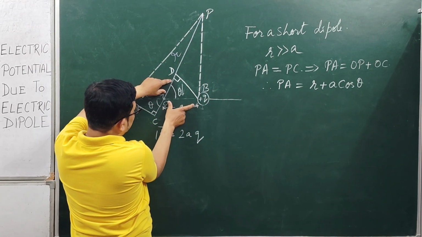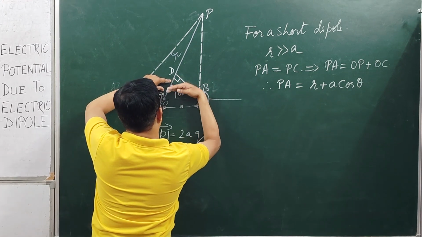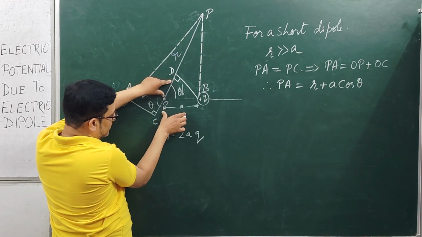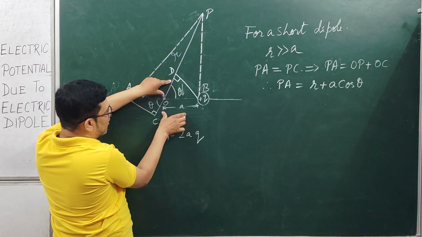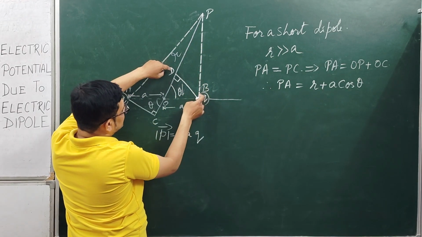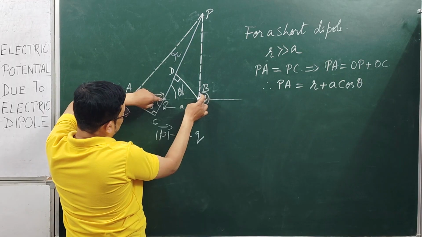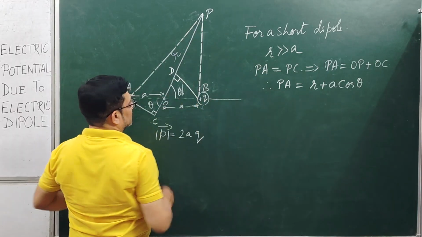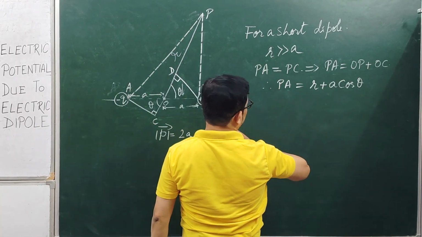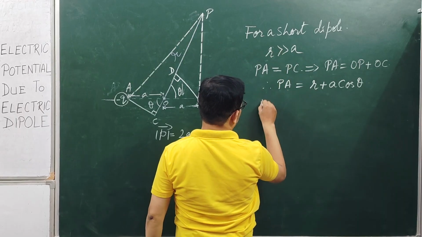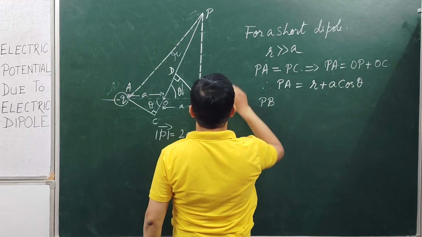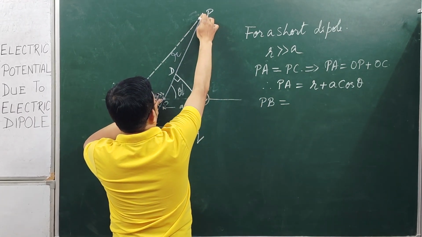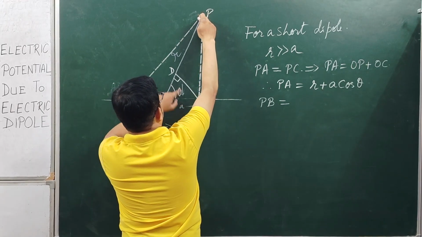Because if A shrinks and is very much smaller as compared to R, this DB would tend to OB, which would make PD equal to PB. So PA equals this, and also we can write this PB would become PD.